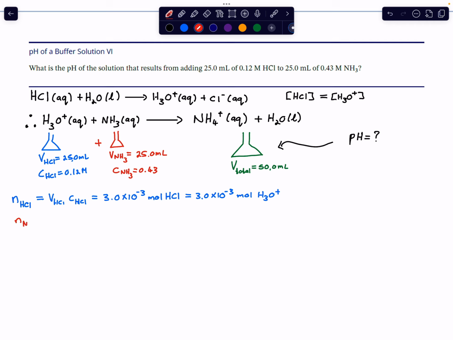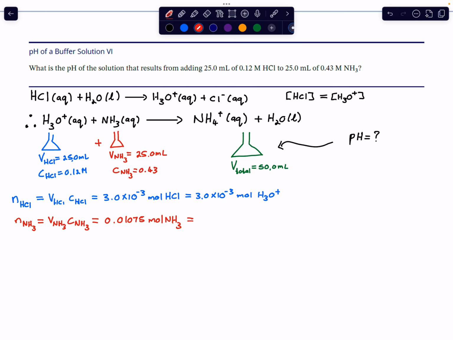Our ammonia is of course equal to the volume of ammonia multiplied by the concentration of ammonia, and I get here 0.01075 mole NH3.